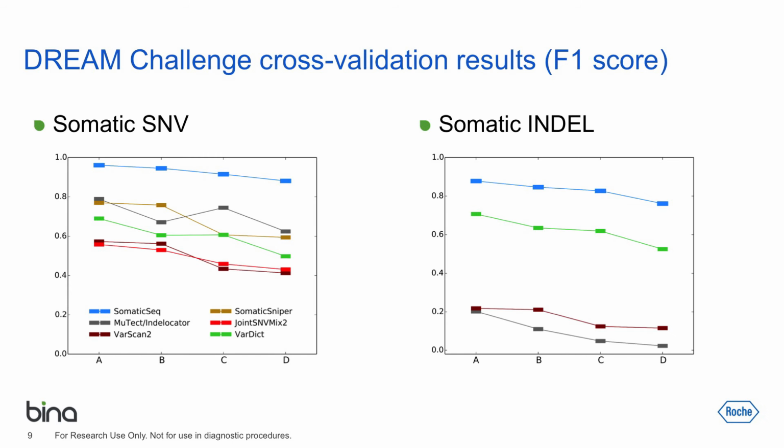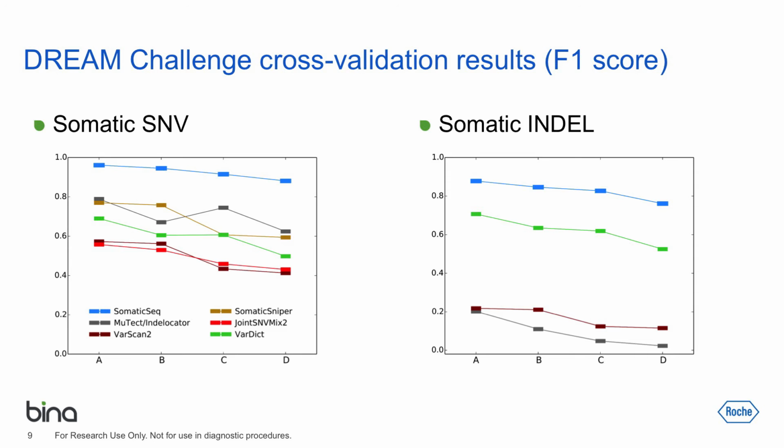Here we're showing a result for the DREAM Challenge as we have described before. We have generated 4 different settings from the DREAM Challenge data. Setting A is straight from the challenge. Setting B is where we artificially spiked in some contamination into the normal to make it a more challenging normal set.